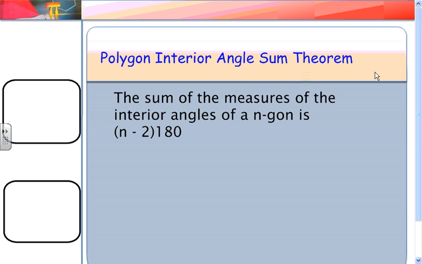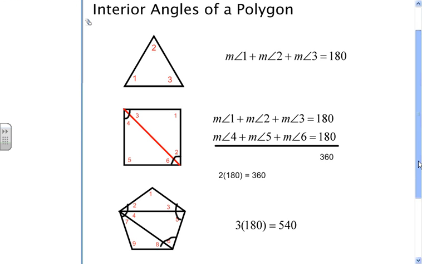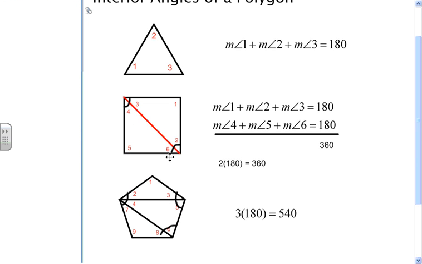Okay, so let's take all of the examples that we just did and put them all together into a theorem. I hope one of the things you noticed was that the number of triangles we created was 2 less than the number of sides that the original polygon had. For example, quadrilaterals have 1, 2, 3, 4 sides.